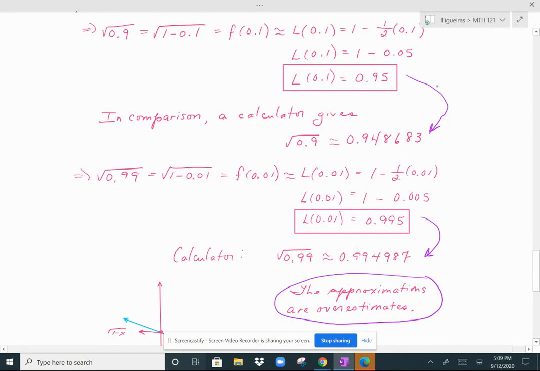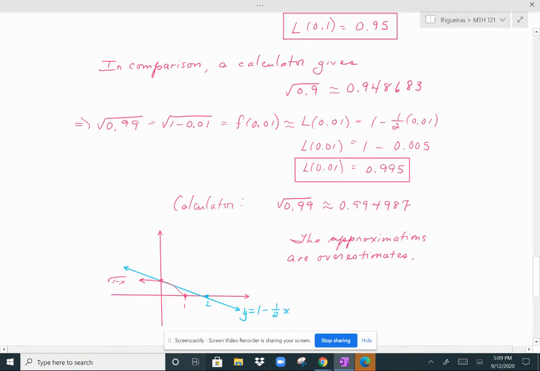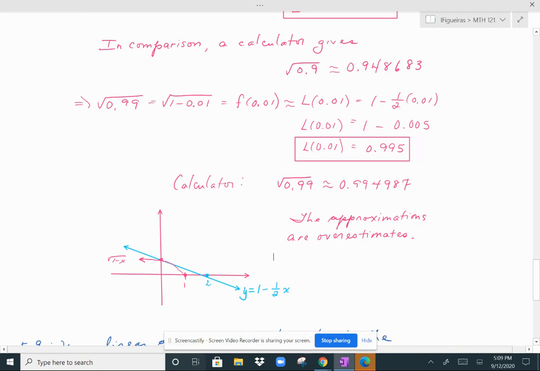And that's because of the way that the graph is. So the square root of 1 minus x is the one here in this red or hot pink color. But the line 1 minus 1/2 x is this blue line.